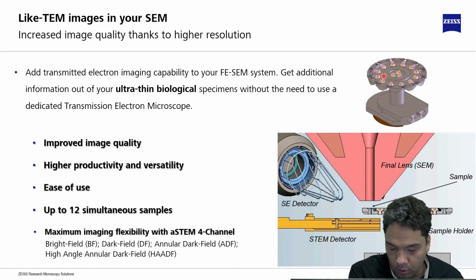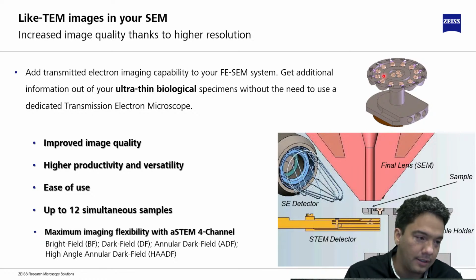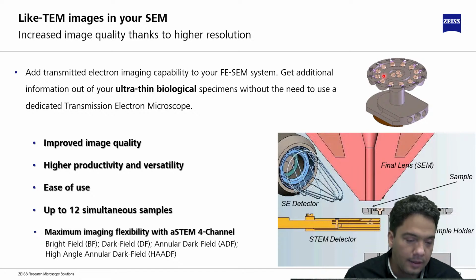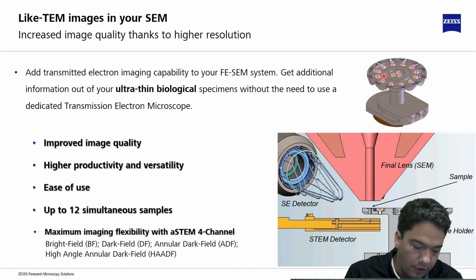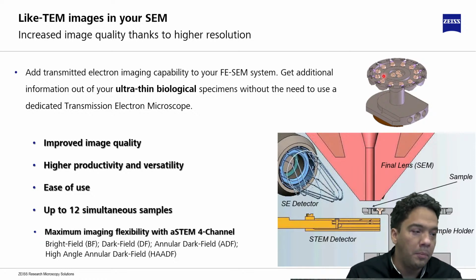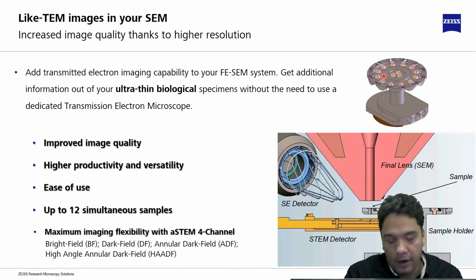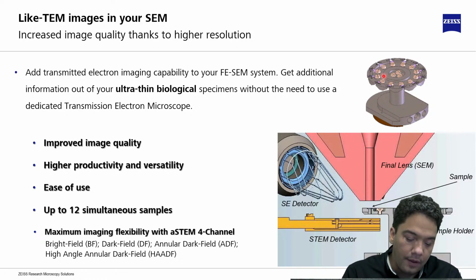Probably you want to load many different samples at the same time, because once you get the right condition for your imaging, it's very easy to move to another area or another sample and continue imaging instead of breaking the vacuum that you have in your instrument and starting again.